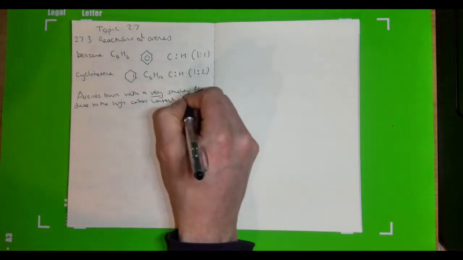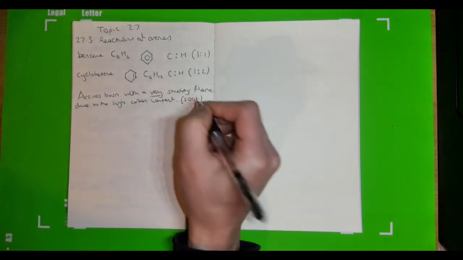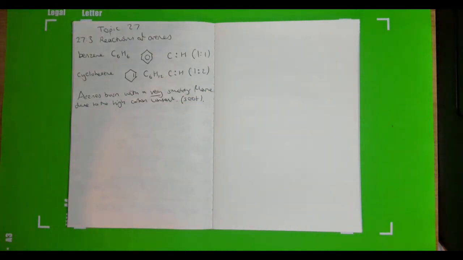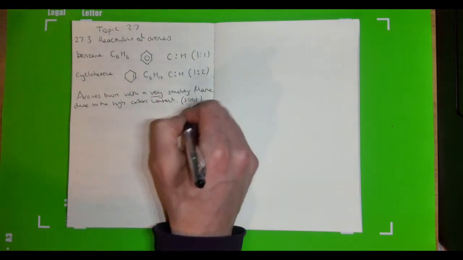If they burn with a smoky flame, what you would observe is soot when you burn them. And that soot is the unburnt carbon remaining.